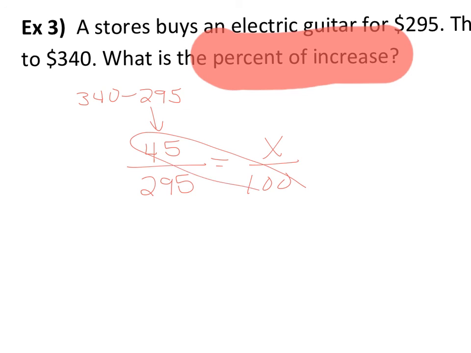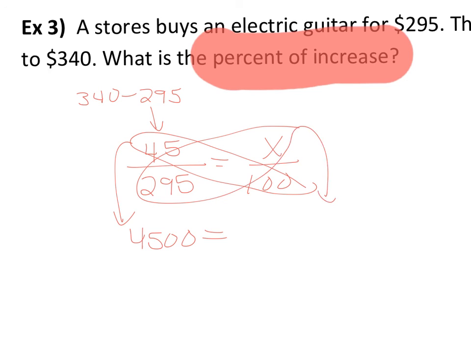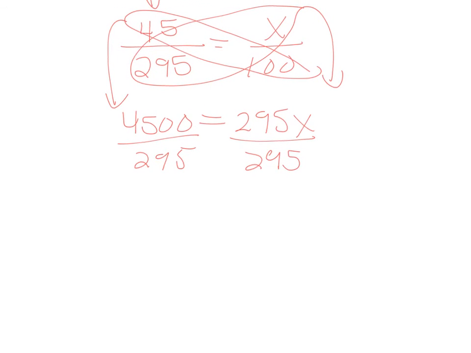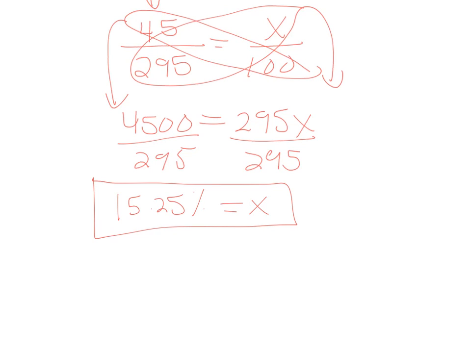So now I'm going to cross multiply and get 4,500 equals 295x. Okay, divide by your 295. Okay, and when you do that, we're going to end up with 15.25%. So they marked up this guitar by a little over 15%.